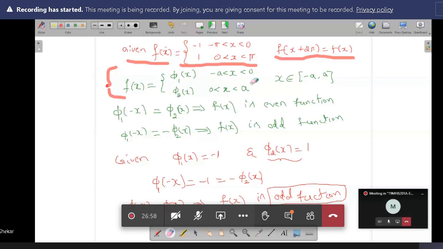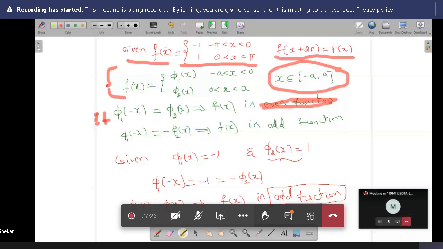So x is defined in the interval minus a to a, and with that definition, if phi1 of negative x gives you positive phi2, then the function is even.